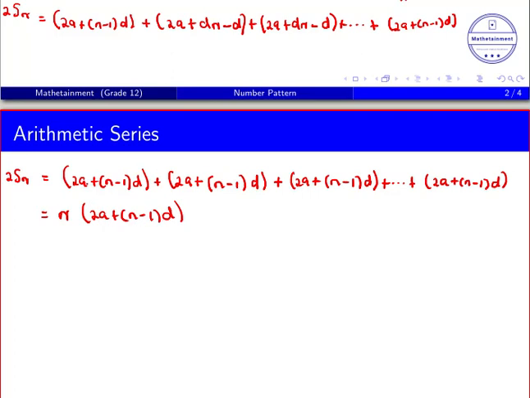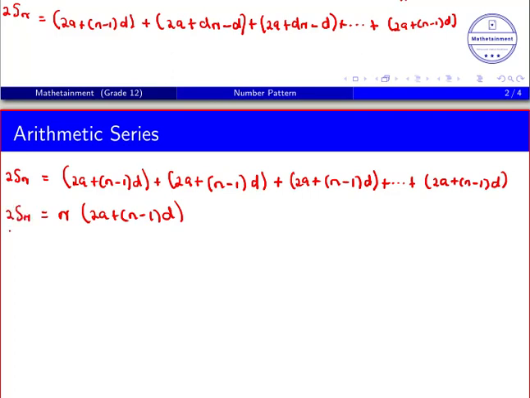This is the repetition of the same term, because I call this one a term. So this term keeps on repeating itself. To avoid adding the very same term, you can just multiply that term with the number of terms that are there. Here we don't know the number of terms, that's why we just multiply it by n.